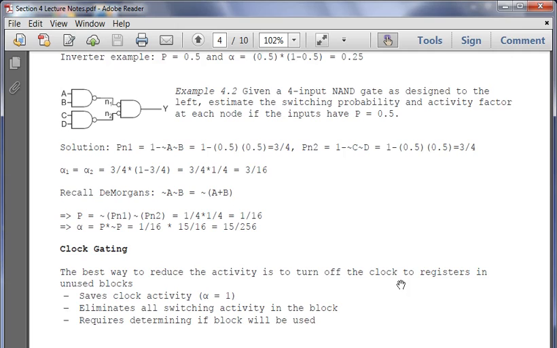Therefore, the clock power consumption is going to be load capacitance times VDD squared times your frequency. So clock gating and clock distribution throughout a circuit becomes a very important consideration of power consumption.